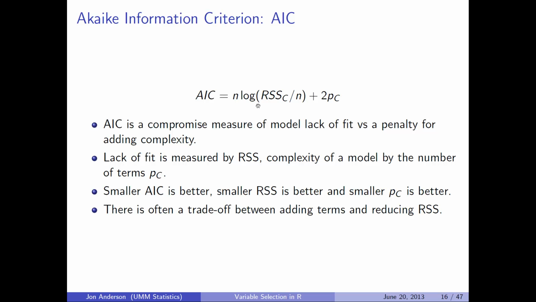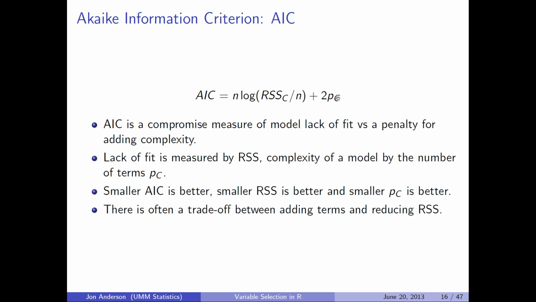So adding more predictors to your model tends to make the first term go down, but the second term go up. This is a real balancing act between adding good predictors, which will make the first term go down a lot and the second go up only a little, like by 2, and not overly penalizing yourself by adding stuff to your model.